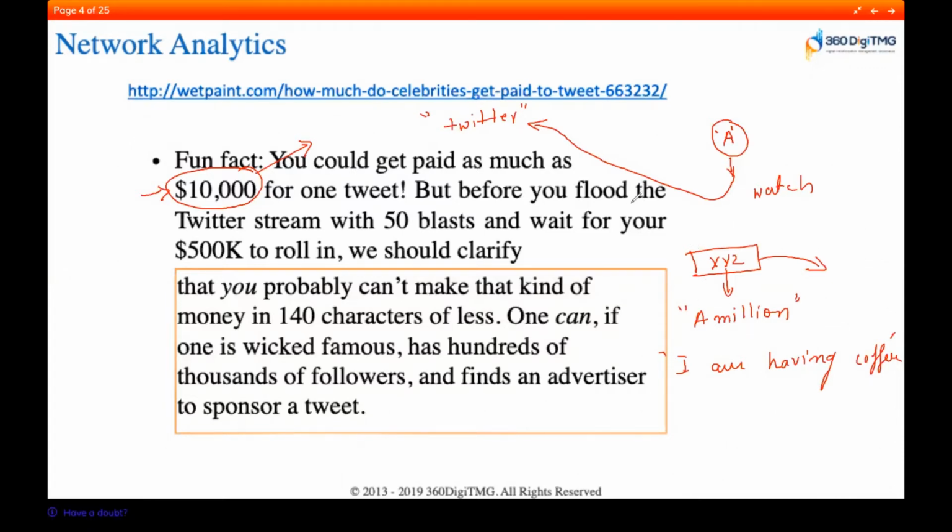But you generate a system from your digital marketing, and you make an arrangement that as soon as this post gets tweeted on Twitter, your ad promotion will also go along with it, right? So Twitter is going to get some money from this particular campaign, out of which Twitter pays this particular celebrity as a part of the business.